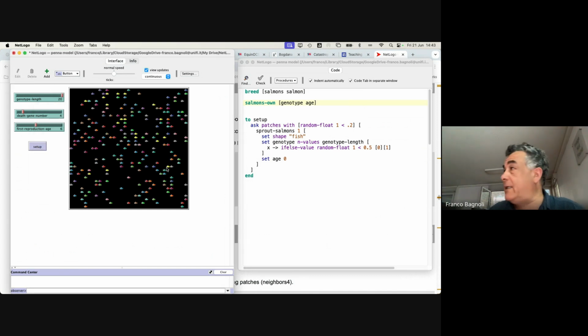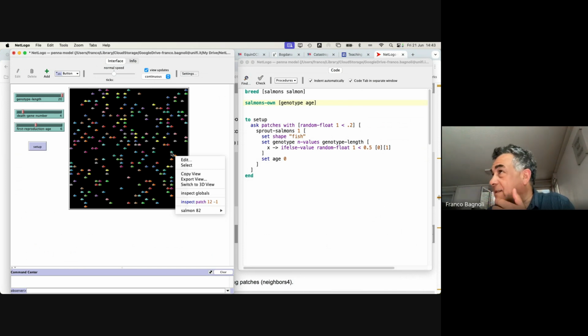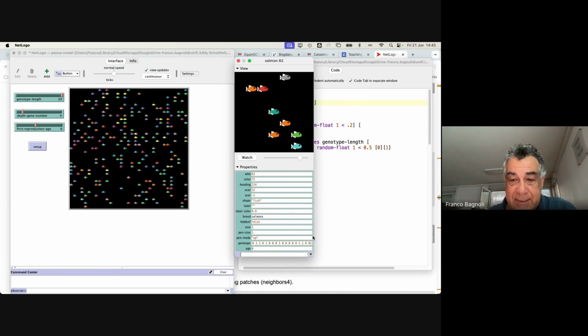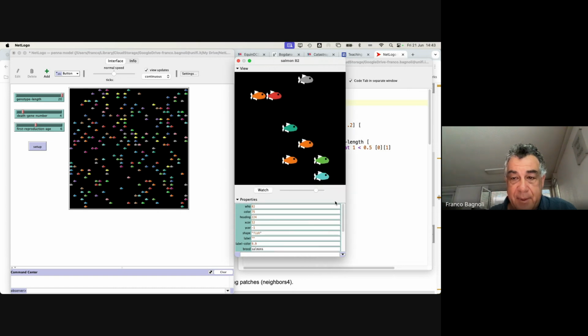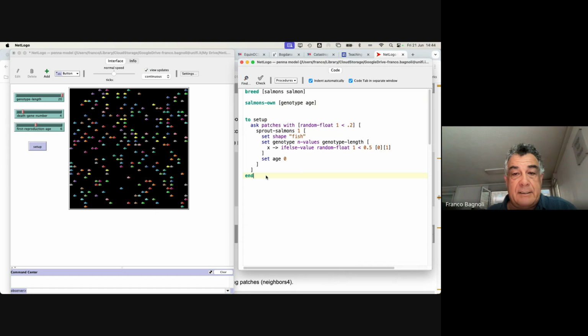So we have a certain number of fish. Actually, in English, fish is plural. A certain number of fish. And so you see that this is its genotype.